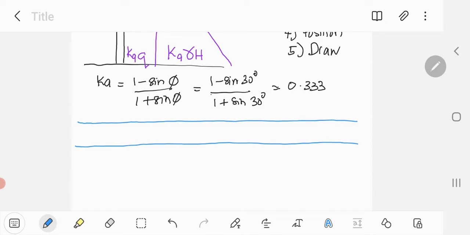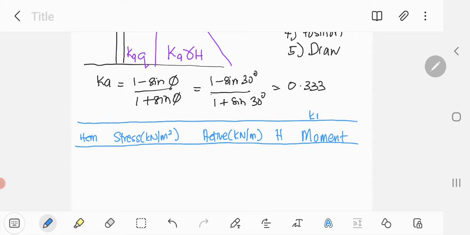So item number 1. Okay, this one is the item. After you identify the item, you can calculate the stress, and then calculate the active thrust. Then calculate the position, and then calculate the moment.